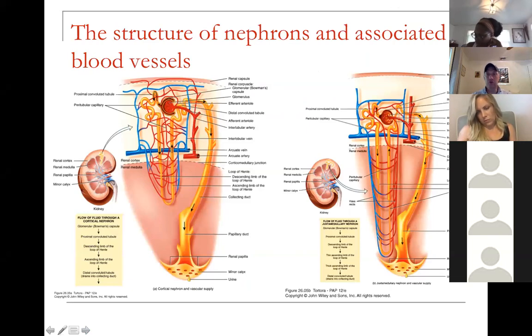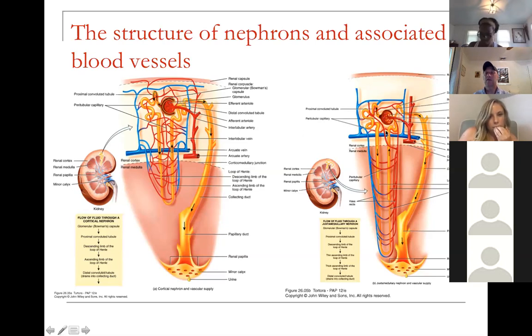There are two types of nephrons inside of your body. You're like, I'm only wrapping my brain around the fact that there's a nephron, and now you're telling me that there's two types of nephrons. The vast majority of nephrons inside of your body are cortical nephrons. They're found inside the cortex of the kidney.